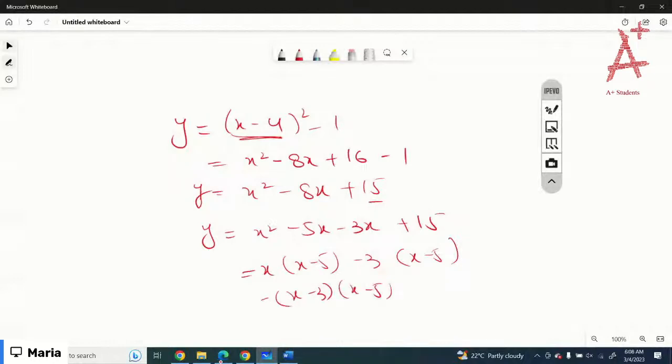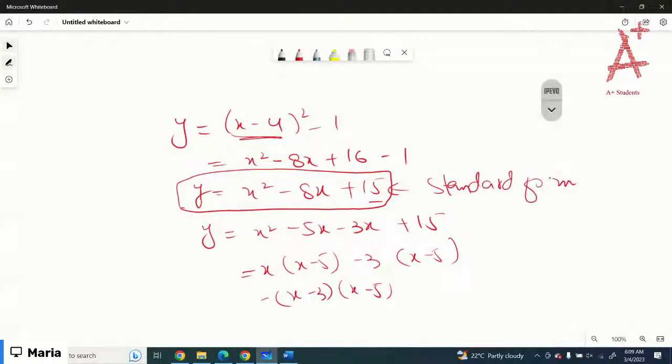Got it? So this is the factored form of the equation. The standard form is y equals x square minus 8x plus 15, and that is the factored form.